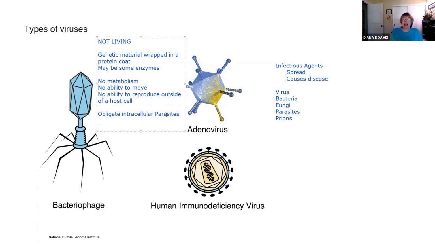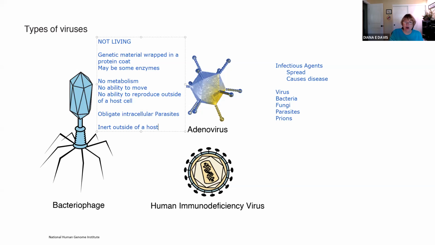They can't actively do things outside of a host. They can be inert or not active, not doing anything. How long they can be outside of a host and still be infectious varies depending on the virus.